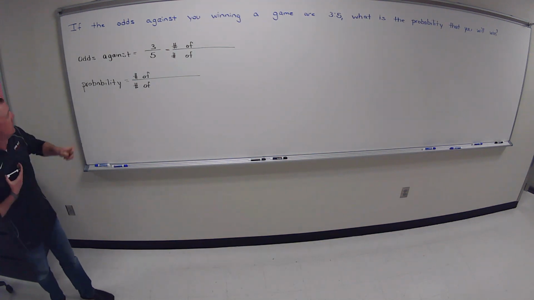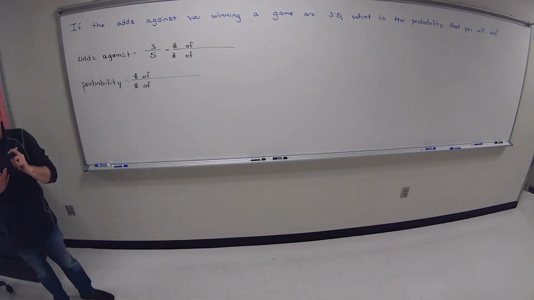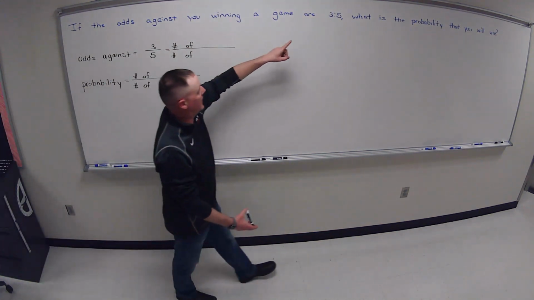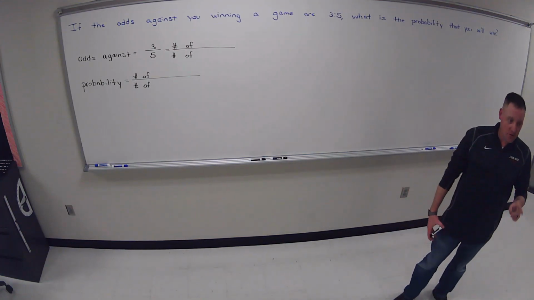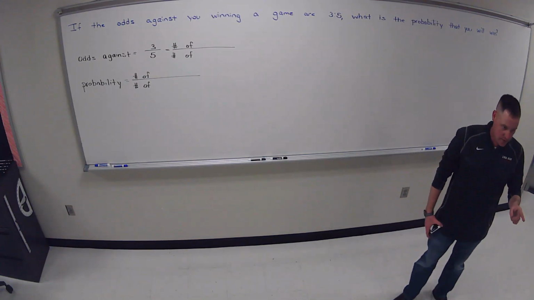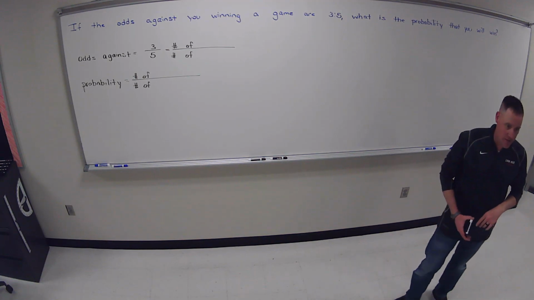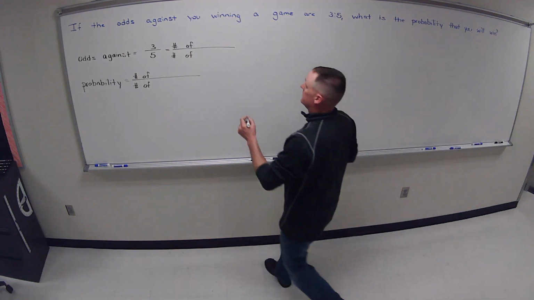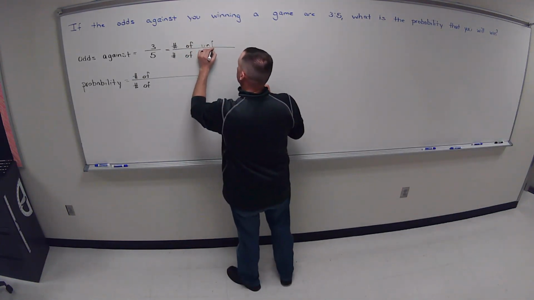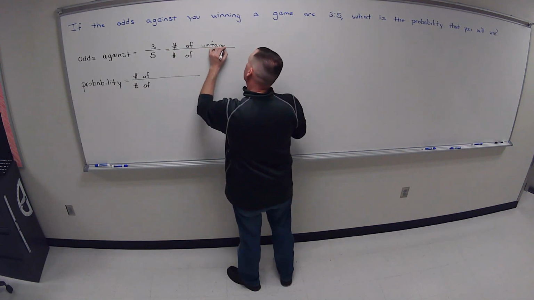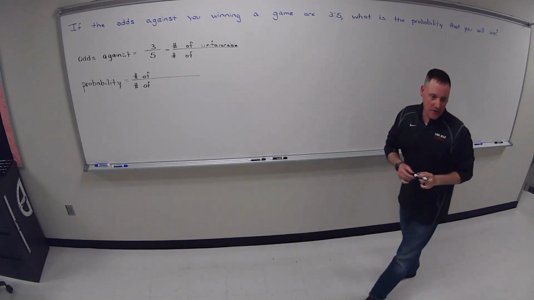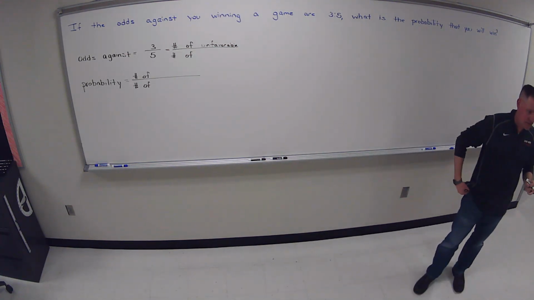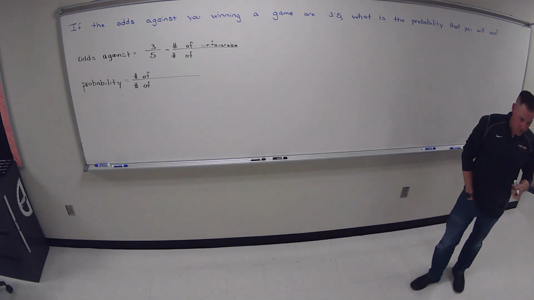Odds against is a ratio. It's a fraction, which can also be written like this, in which the first number listed is what? Number of unfavorable outcomes. And the second number listed with odds against is the number of favorable outcomes.